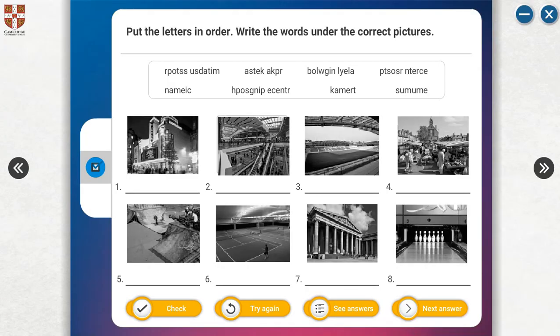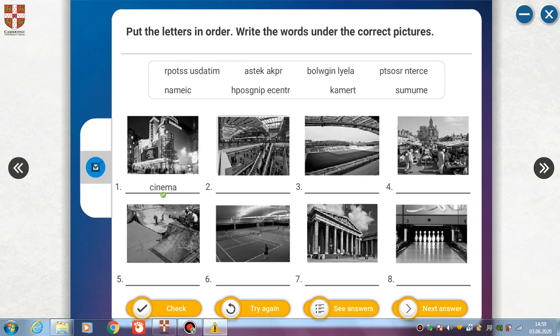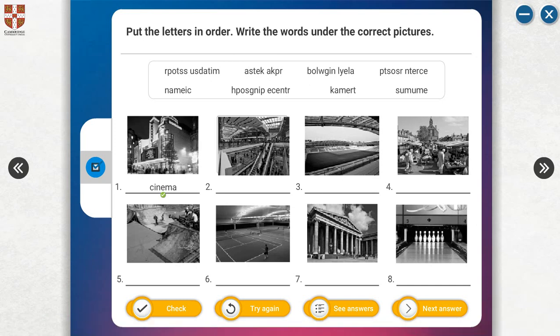Okay, now we can start. Put the letters in order, write the words under the correct picture. Number one is done, so I pass number 2. Look at number 2, pictures. Number 2, which one of them?